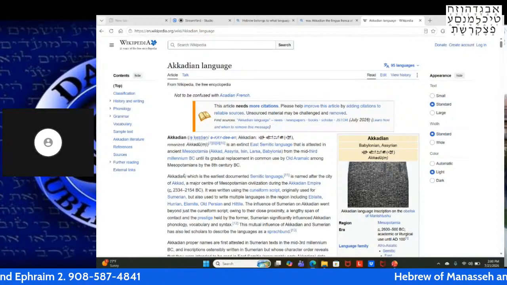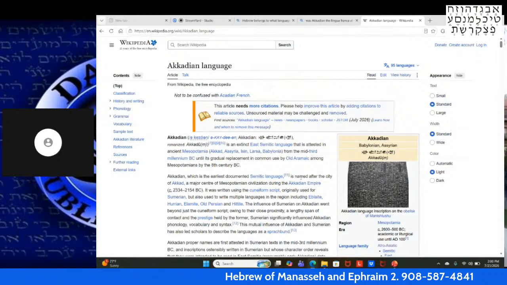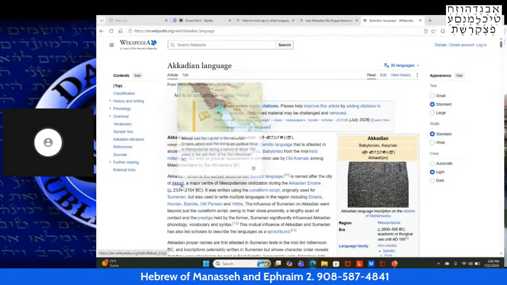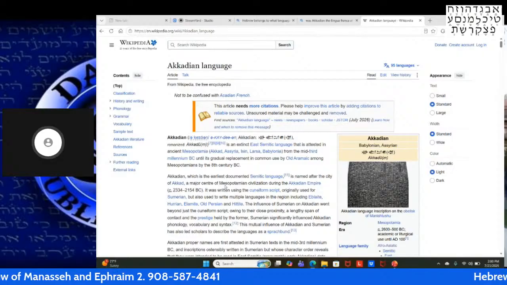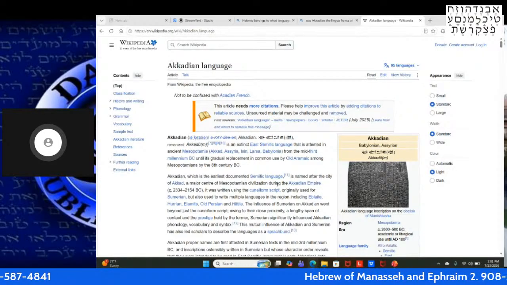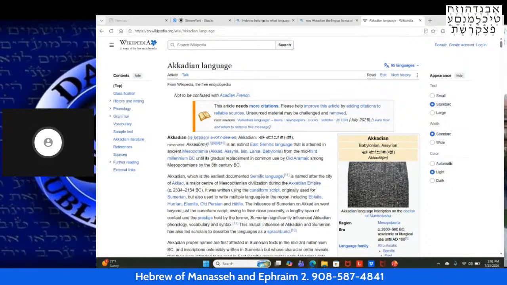Akkadian was the earliest documented Semitic language. It's named after the city of Akkad, a major center of Mesopotamian civilization during the Akkadian Empire. It was written using cuneiform script originally used for Sumerian.